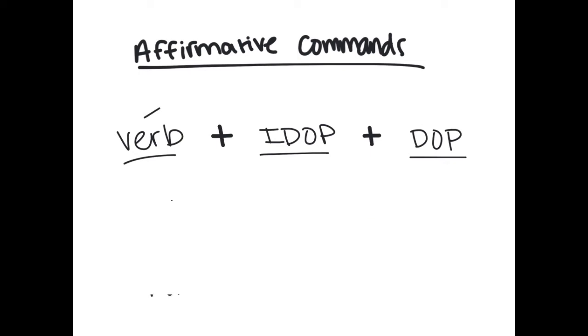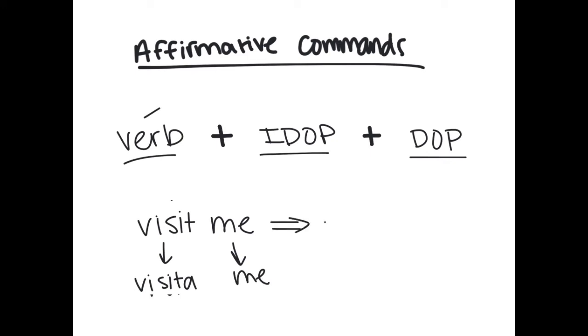Now if we want to say visit me, me is going to be an indirect object pronoun, but because there's no direct object pronoun, it's going to look pretty similar. Visit conjugated for a command is going to be visita, because it's just visit in the él, usted form, and then me in Spanish is just me. So to write this, we would write visitame.